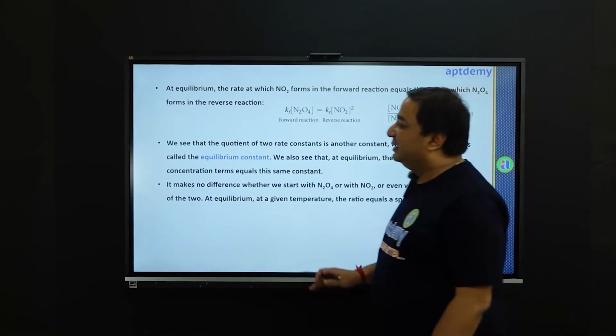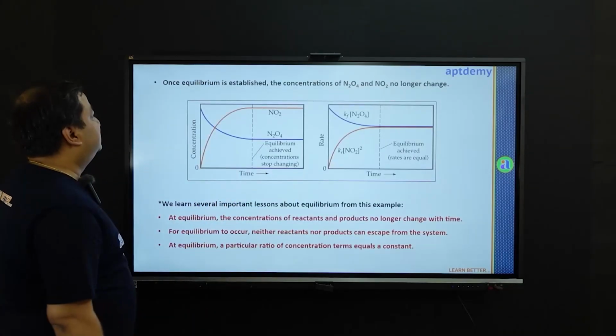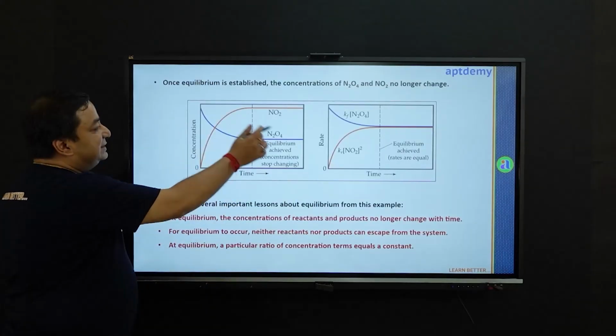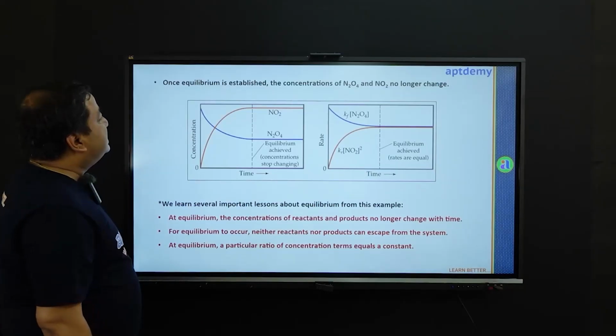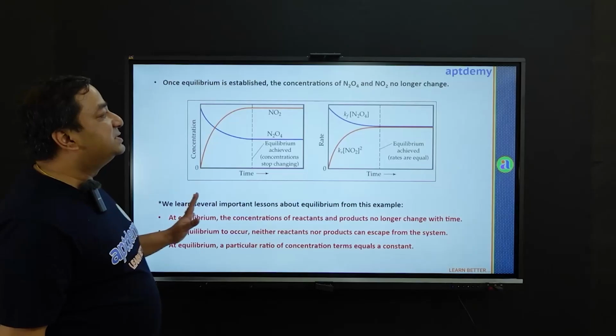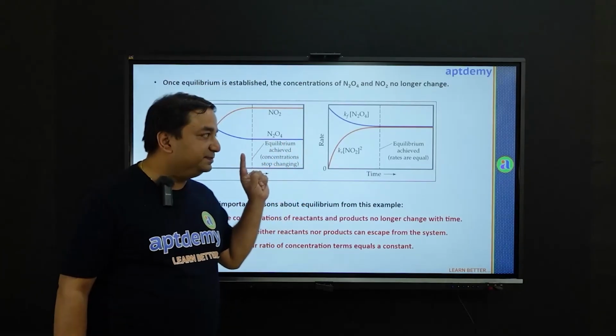Now, here we will be discussing a few graphs. Once equilibrium is established, the concentrations of N2O4 and NO2 will never change.